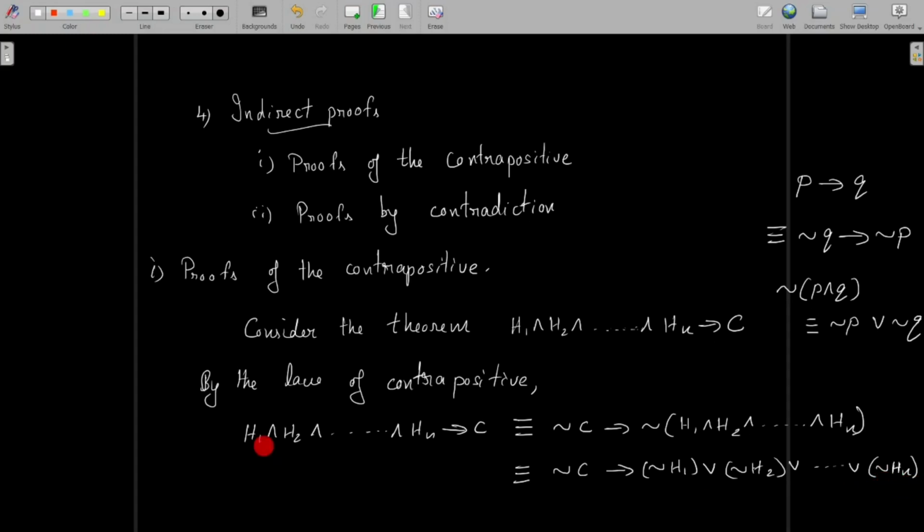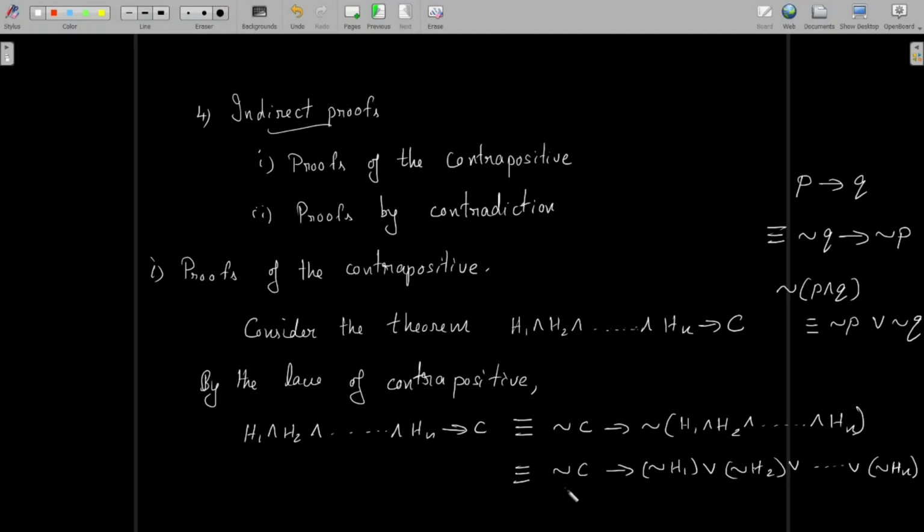We have the theorem H1 and H2 and etc. and Hn implies C. That is, if all these hypotheses are true, the conclusion C is true. That is the theorem we want to prove. We will show that if the conclusion is not true, that is negation C, implies one of the hypotheses is not true. That is negation H1 or negation H2 or etc. or negation Hn.